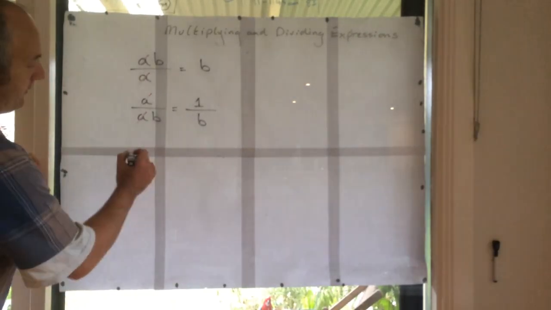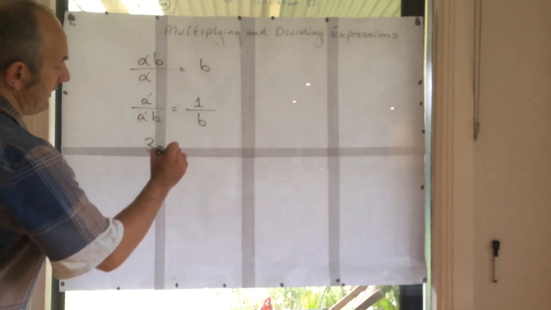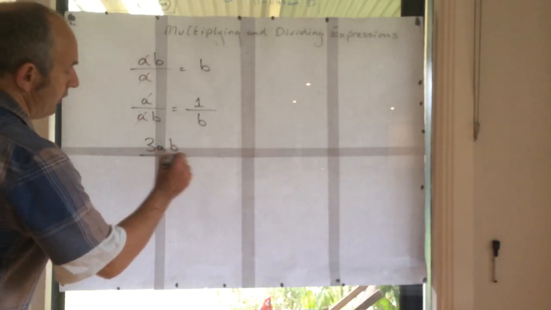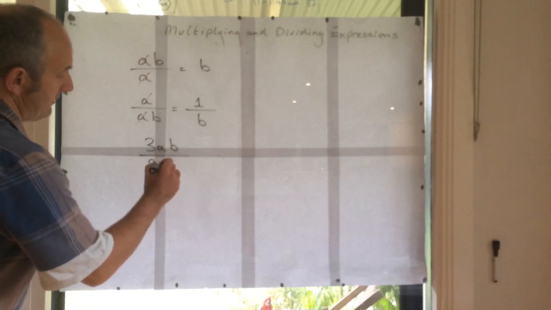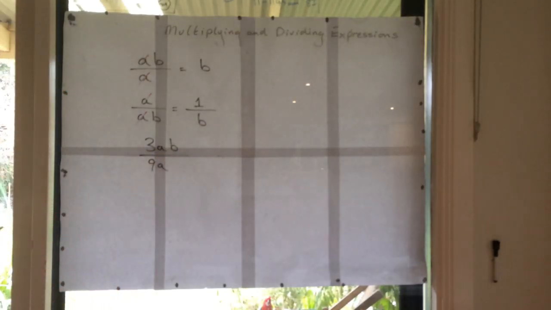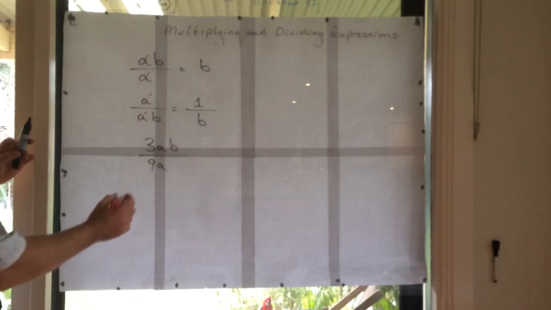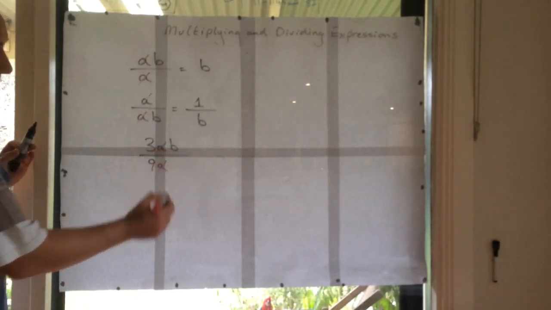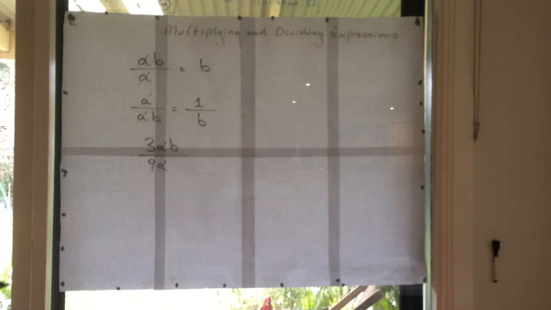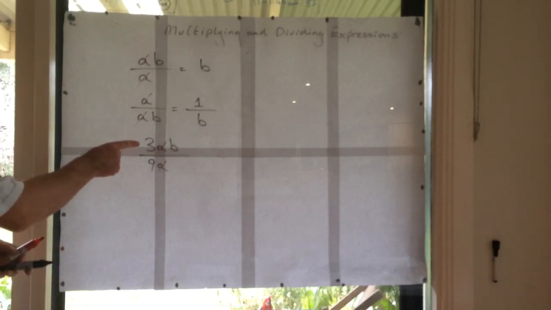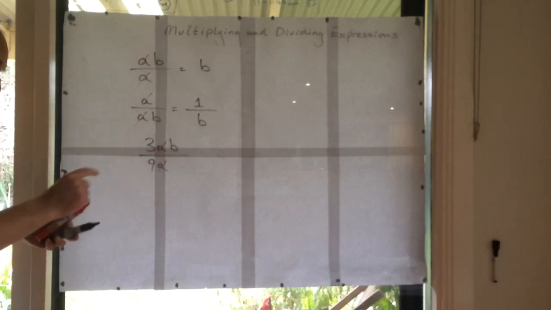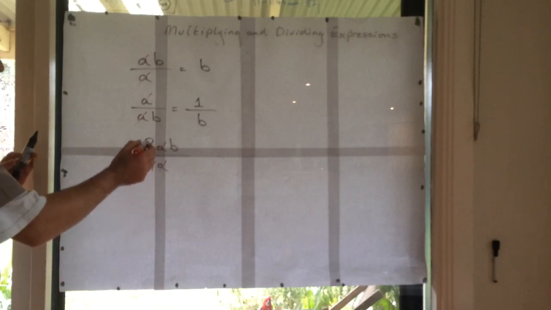Okay, let's do another one. Let's do this. 3AB over 9A. Is there anything going to cancel here? Yeah, well, first of all, I can see that A's are going to cancel each other off. And here, what's the number that goes into 3 and 9?